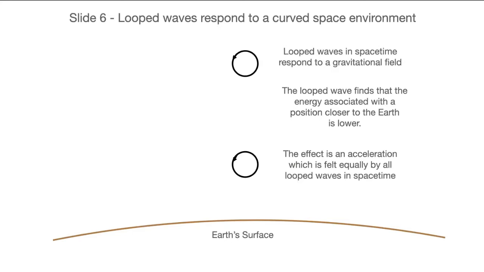As these loops travel in the loop at the speed of light, the effect is for it to prefer to move to a lower energy state, and this results in an acceleration towards the Earth's surface, which we feel as the gravitational force.